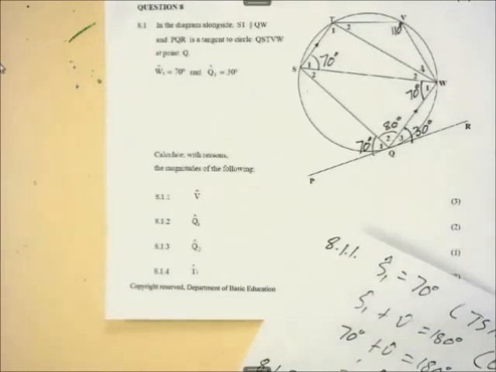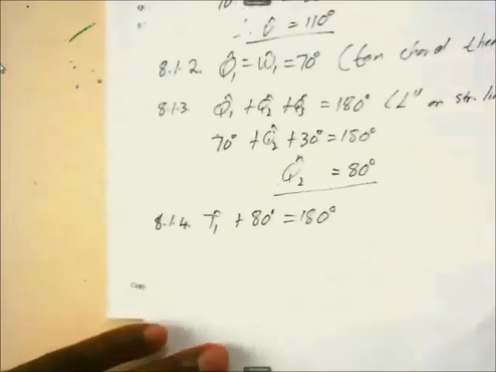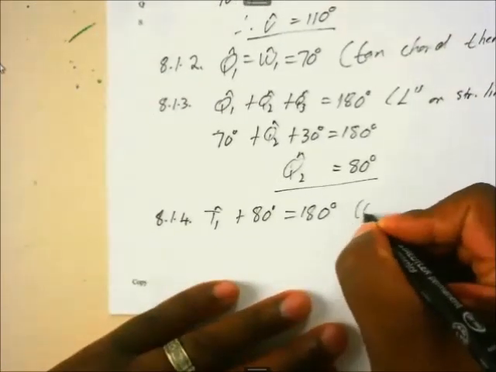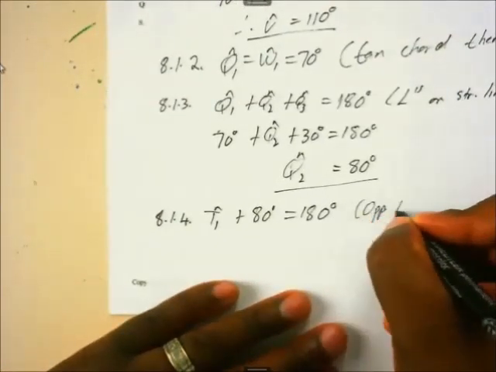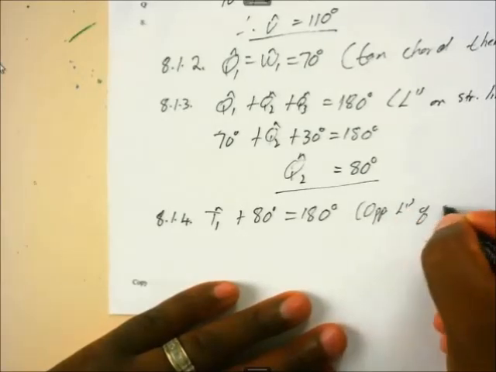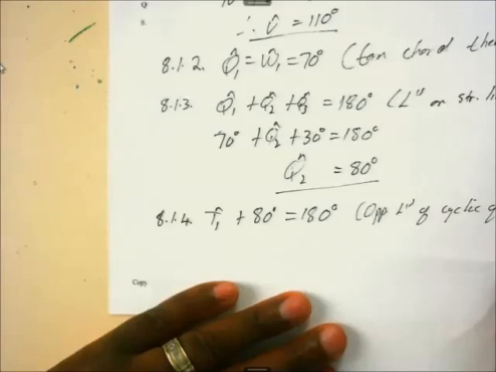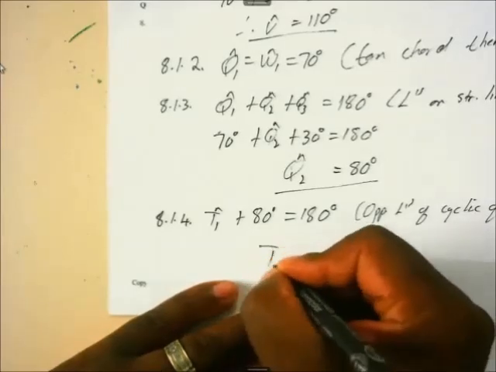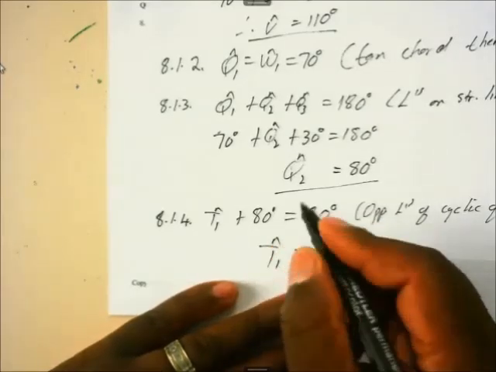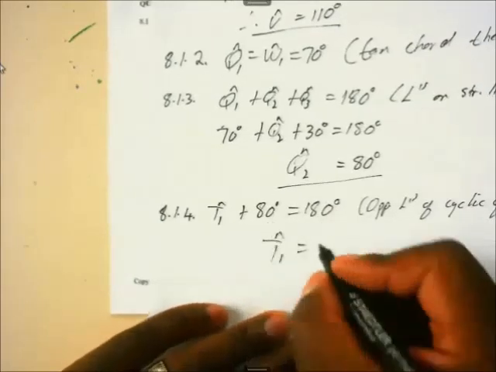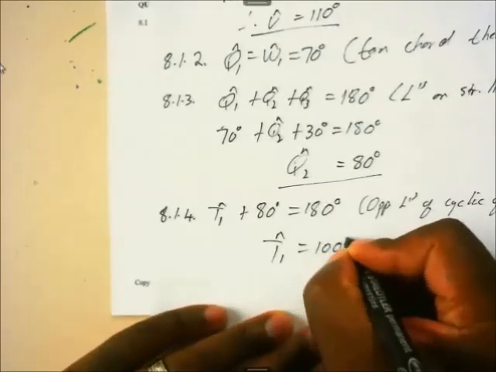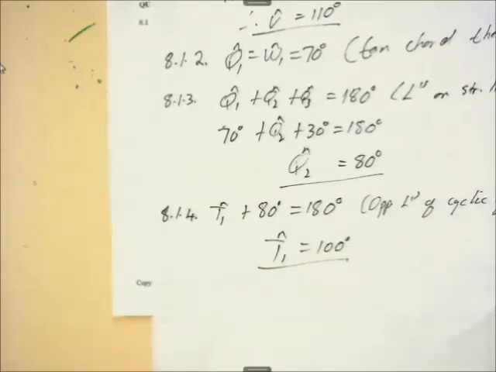Those are the opposite angles of a cyclic quad. Let's write the reason: opposite angles of cyclic quad. Now we can solve T1. Therefore, T1 will be equal to 180 degrees minus 80, which will give you 100 degrees.